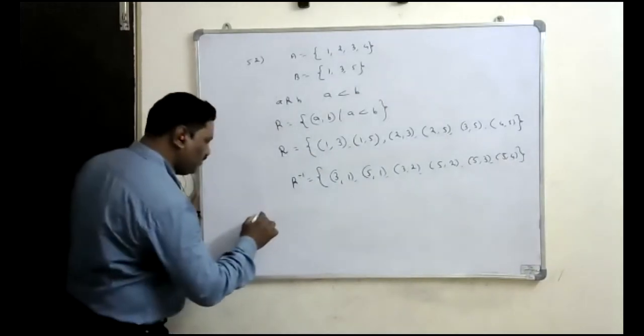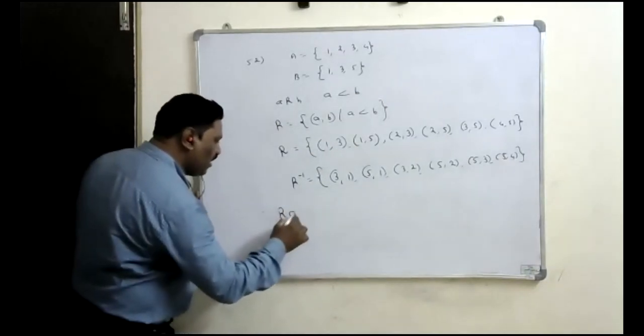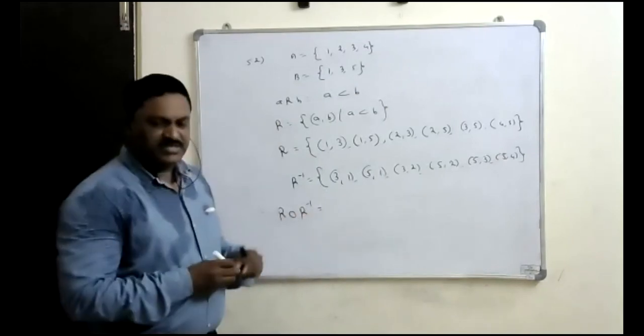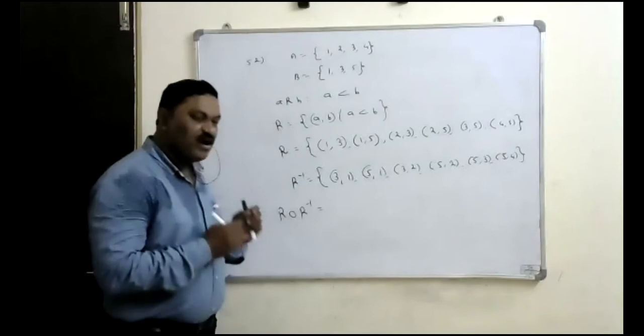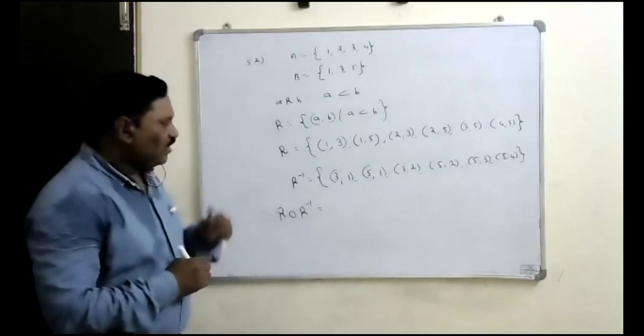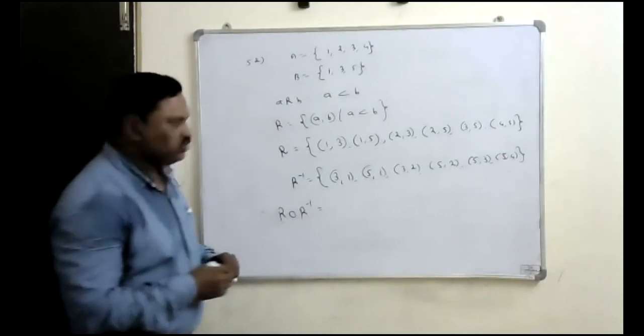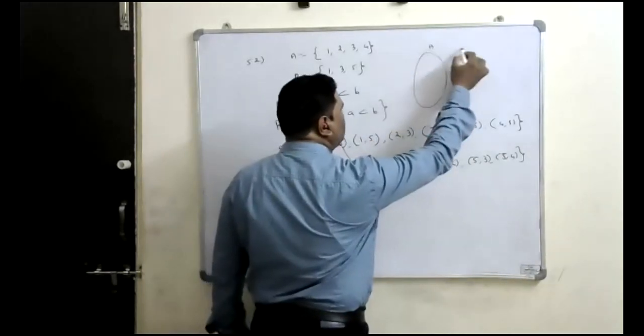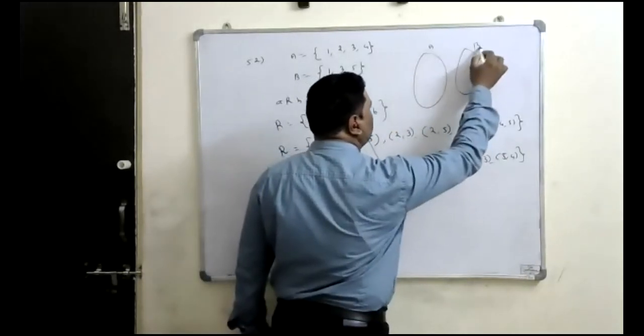Now I have to find R circle R inverse. R circle R inverse means, as I already told you, this is called a composite relation. How do you calculate this composite relation? Suppose A is one set, B is another set, and C is the third set.